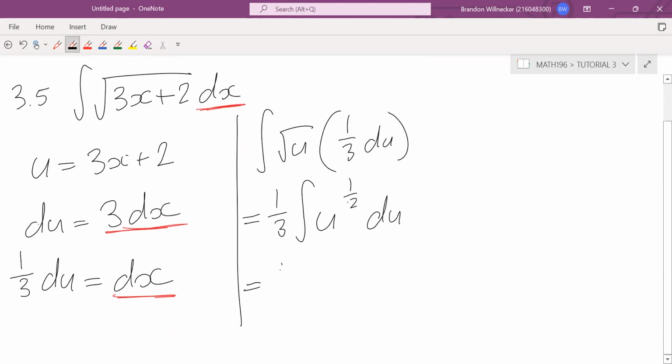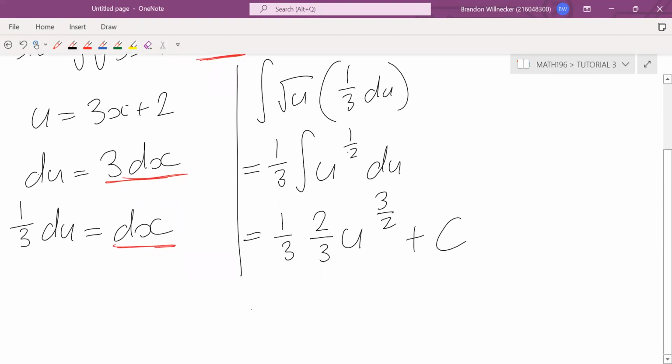We add 1 to the exponent to make it 3/2. Divide by 3/2, is the same thing as multiplying by 2 over 3, u to the 3 over 2, and don't forget your plus c. Now, just multiplying the fractions, we get 2 over 9, u to the 3 over 2 plus c.